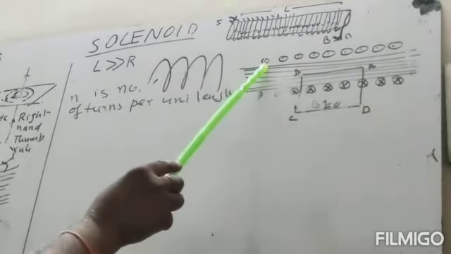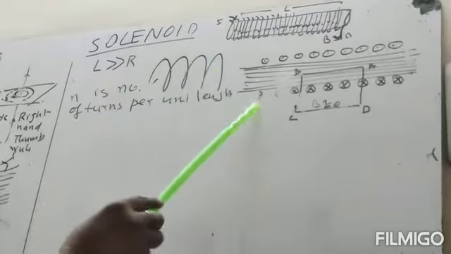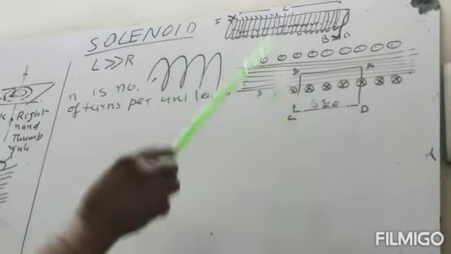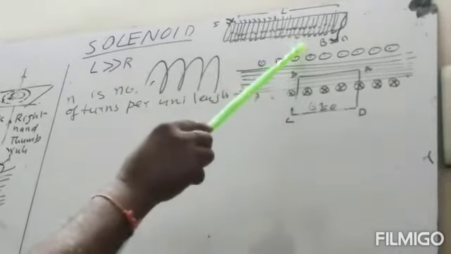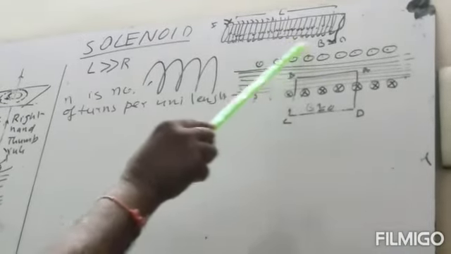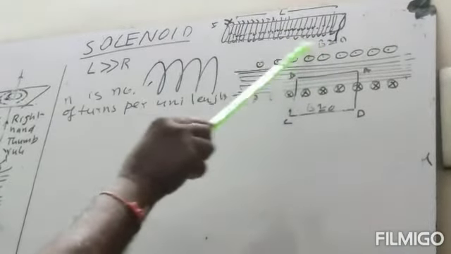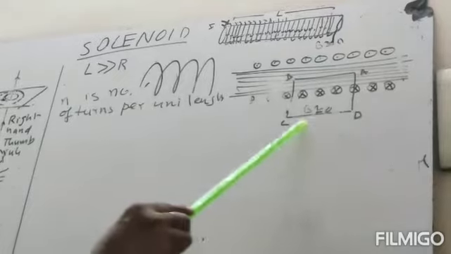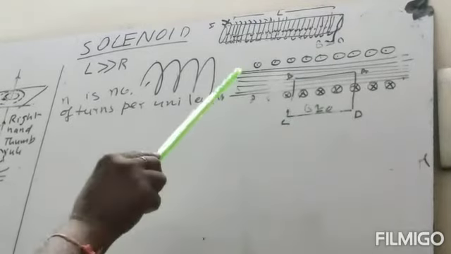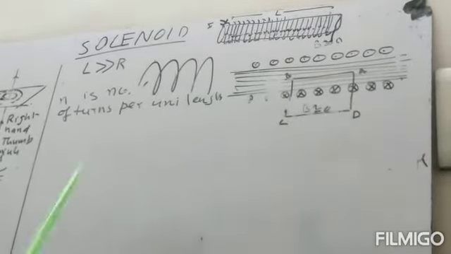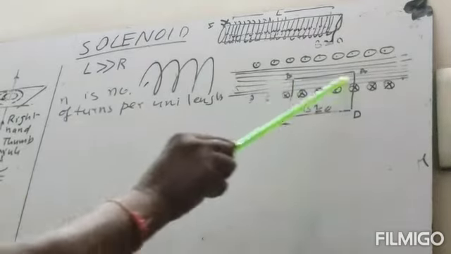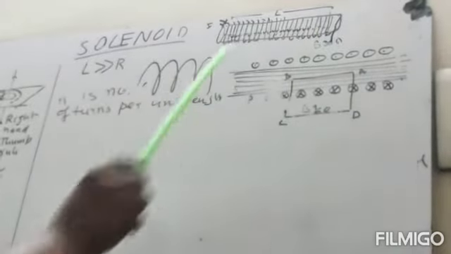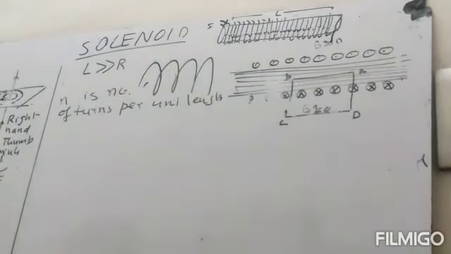The current is going upward and downward, upward and downward, upward and downward. Here, as I told earlier, the magnetic field will be nearly equal to 0. Here the magnetic field is nearly equal to 0. The magnetic field will be maximum inside it, on the axis of the solenoid.